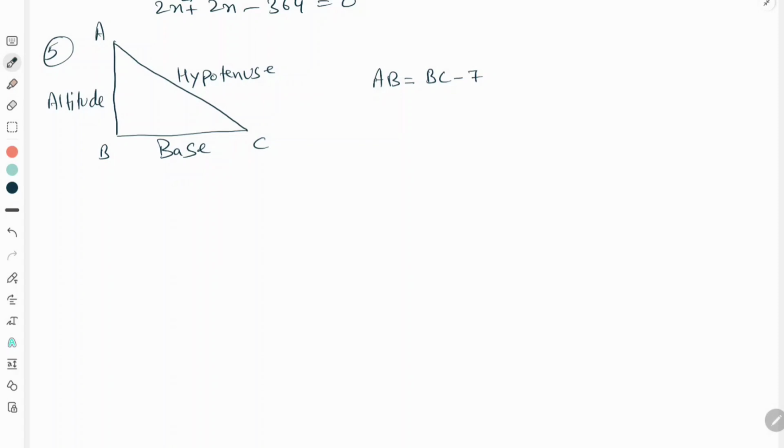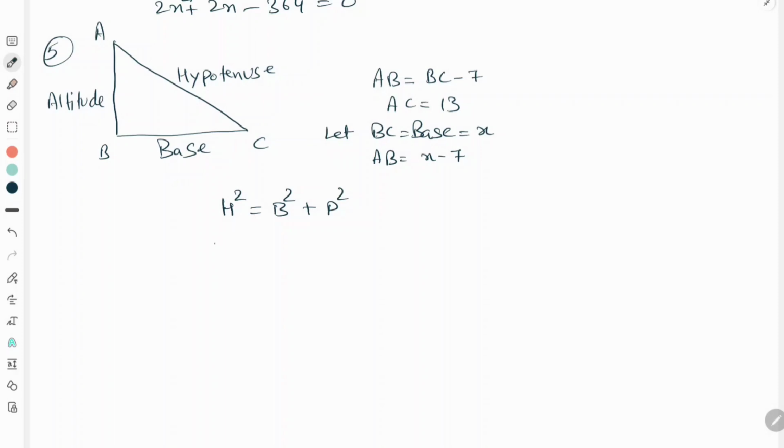Now it is saying that hypotenuse is 13 centimeter. So we can say that AC is 13 centimeter. Now we have to find the other two sides, meaning AB and BC. So let BC, the base, equal x, then AB will become x minus 7, and as we have a right angle triangle, we can use Pythagoras theorem, where hypotenuse square is base square plus altitude square or perpendicular square.